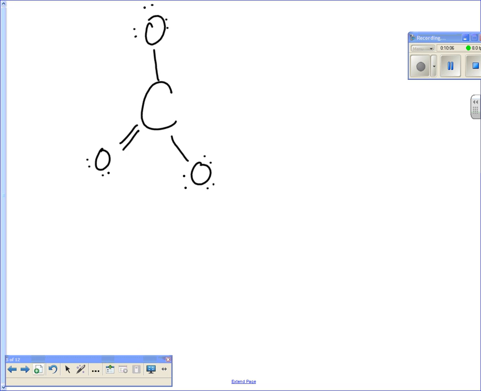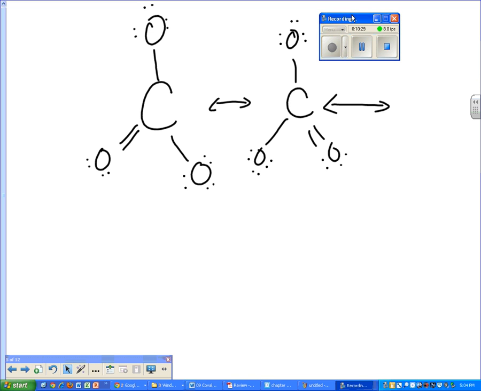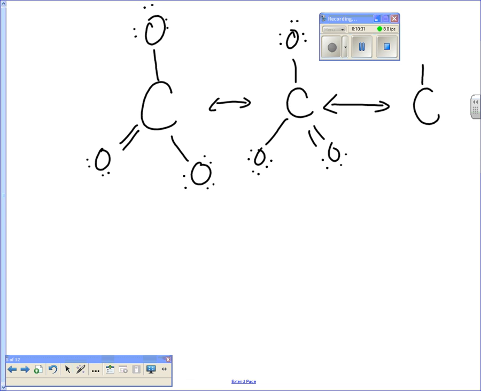And so what's another way I could draw that? Well, are we sure that's where the double bond is, or can it be on this oxygen? And so we take a look and just kind of move it around. So I have another possibility also. So I can move the double bond to the top.